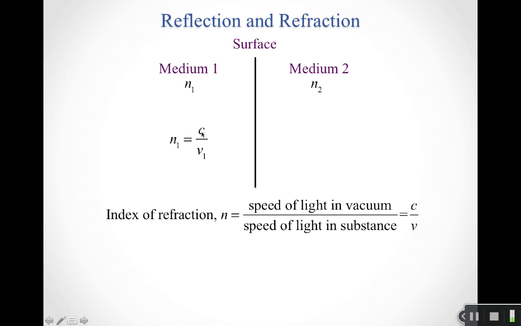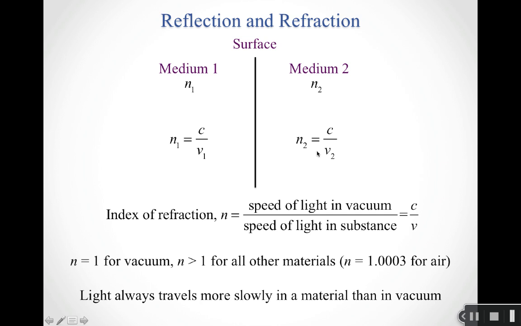So for medium 1, there'll be the speed of light c divided by the speed at which light travels through this medium. The index of refraction for medium 2 will be the speed of light c divided by the speed at which light travels in medium 2. So this ratio of how fast light travels in vacuum versus in the medium is defining the index of refraction.